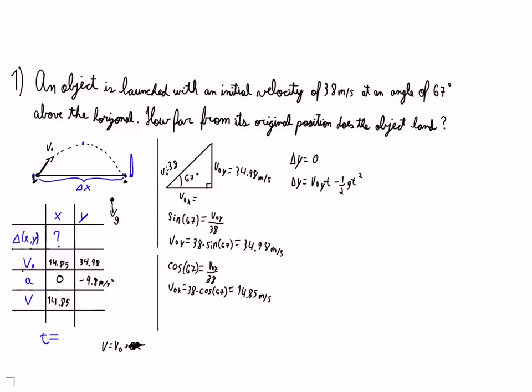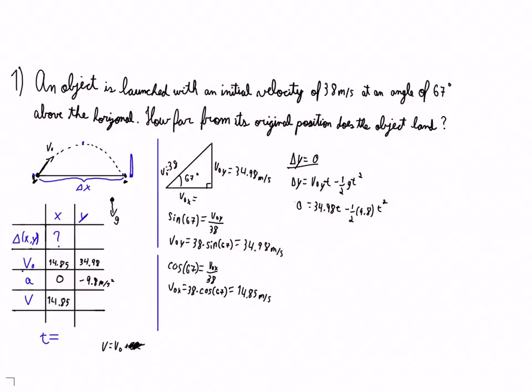So delta y is equal to voy, which we found out is 34.98, multiplied by t minus 1/2 times 9.8 t squared. Actually, this delta y here is 0 because we set it equal to 0.